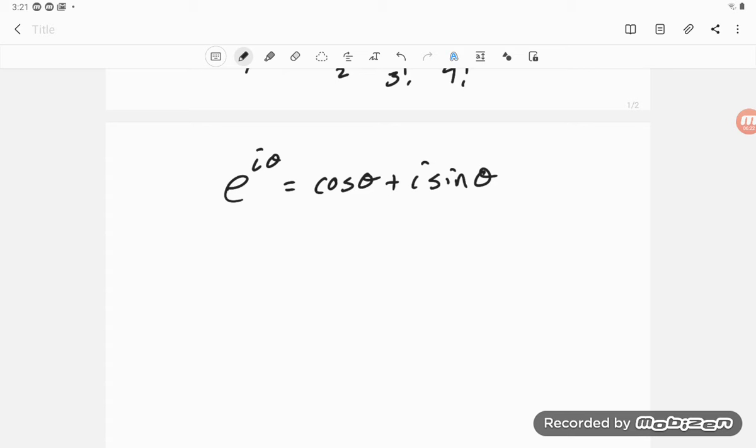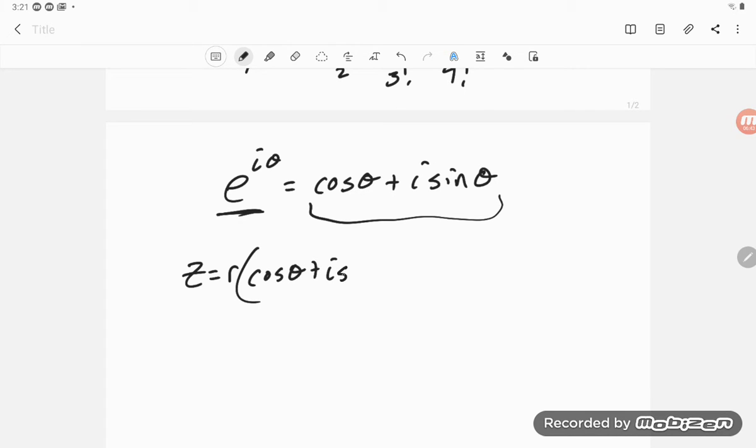Notice e to the i theta is then the angular part of the polar form. I could write z as r times cosine theta plus i sine theta, but I could also write it in this exponential form. You could still call it a polar form because it's using theta.